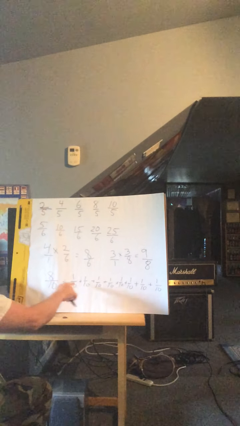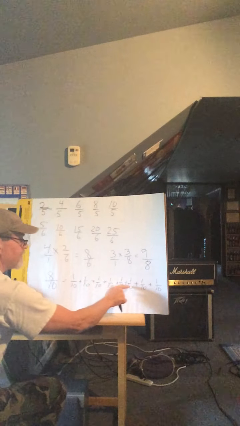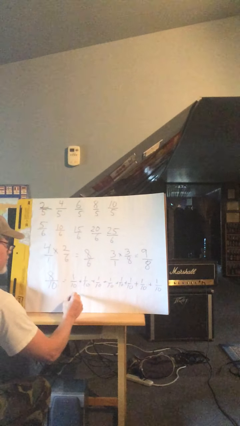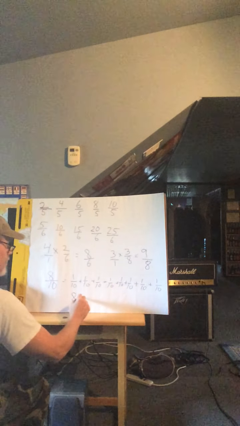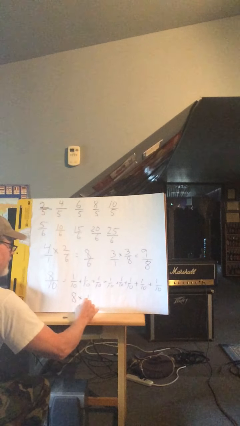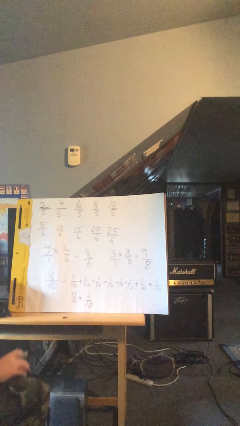So basically you have here 1, 2, 3, 4, 5, 6, 7, 8. Our numerator is 8, which is the whole number, times 1/10 gives us 8/10.